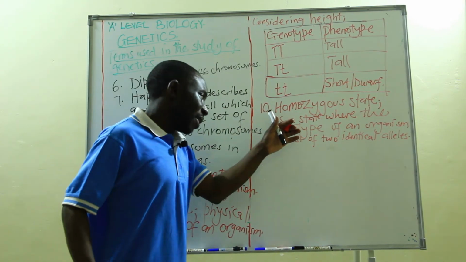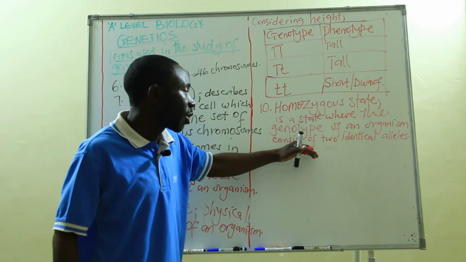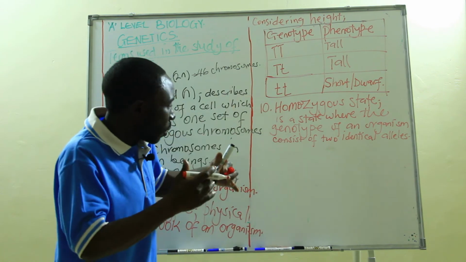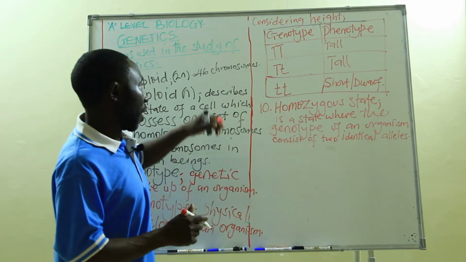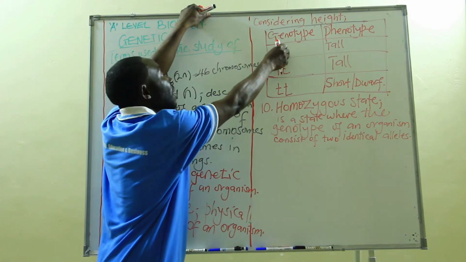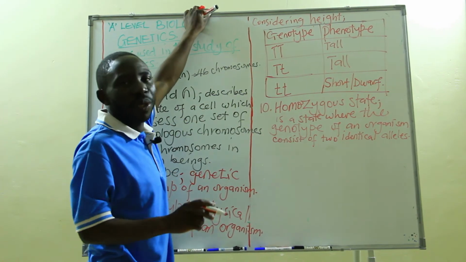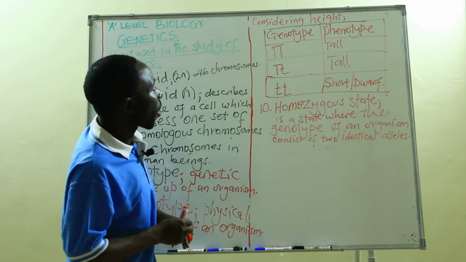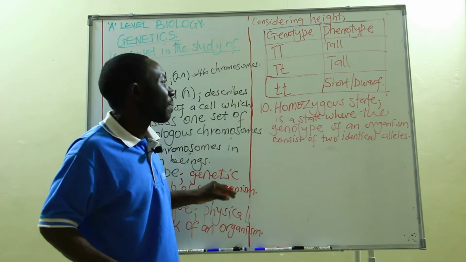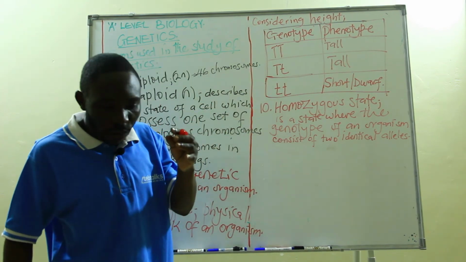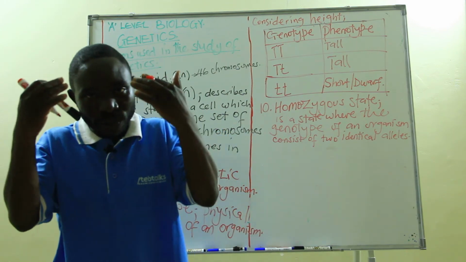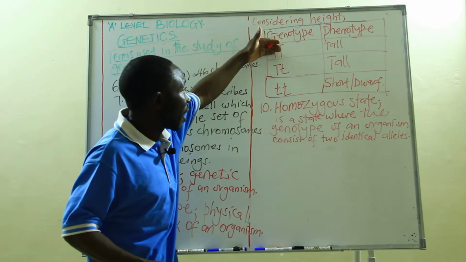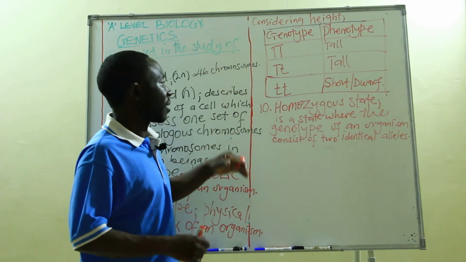A state where the genotype of an organism consists of two identical alleles. Alleles which are similar. For example, genotype capital TT, we say that individual is homozygous dominant. Now, the individual which comprises of small tt, we say that individual or organism is homozygous recessive for tallness. This one here is homozygous dominant for tallness.